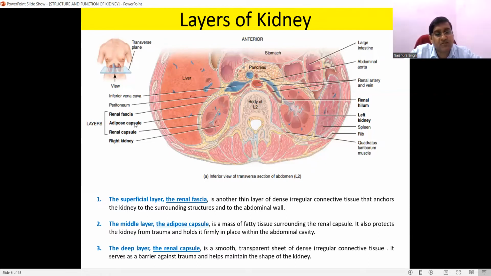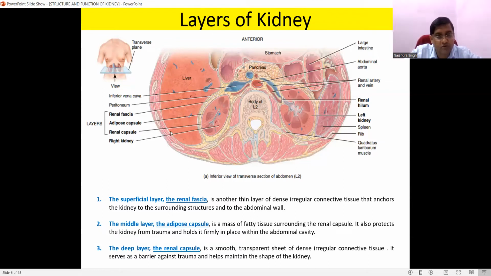It is known as adipose because it consists of fatty tissue, and it also protects the kidney from trauma and injuries, and holds it firmly within the abdominal cavity. The third one, the innermost layer of the kidney, is known as the renal capsule.